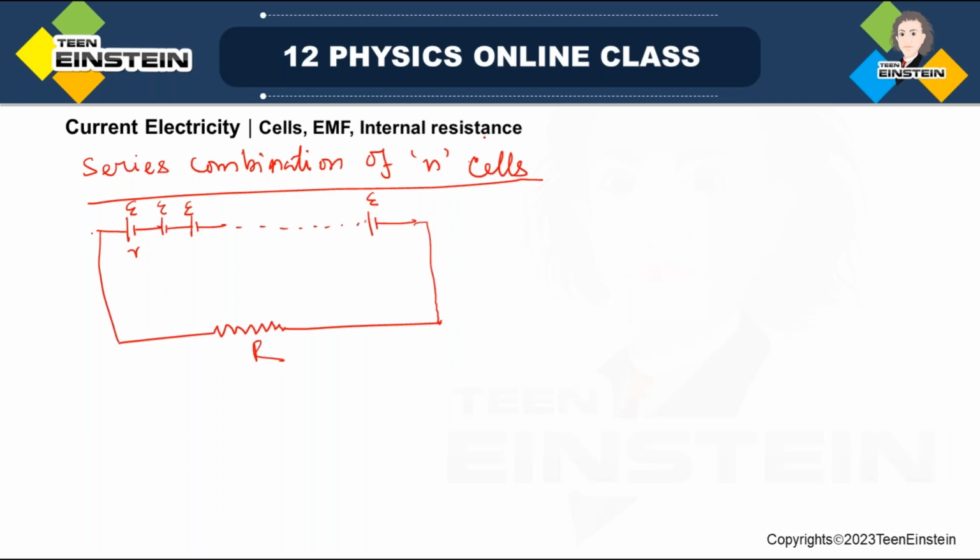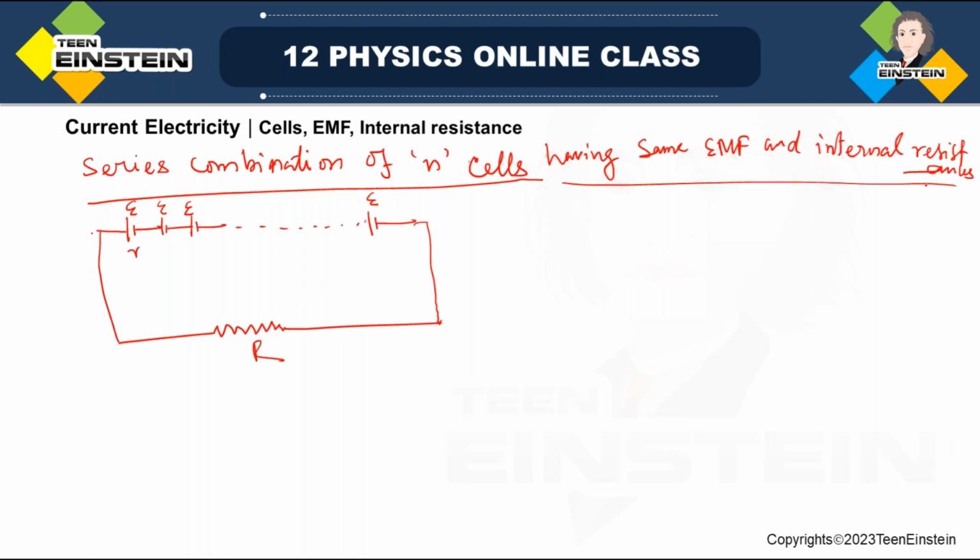I will just write here: n cells having same EMF and internal resistance. All right. So in this case, suppose I have to find out the condition for maximum current.